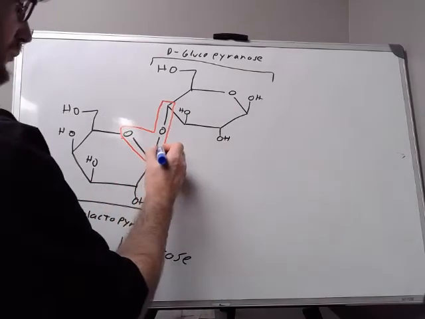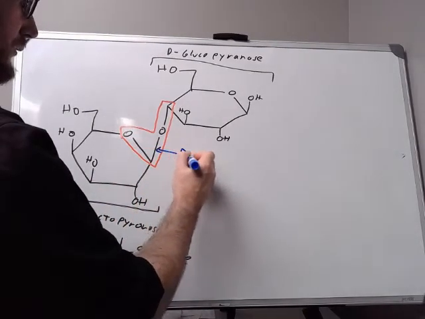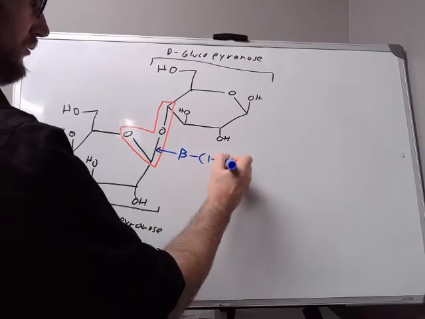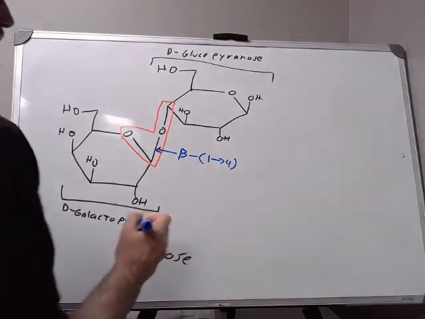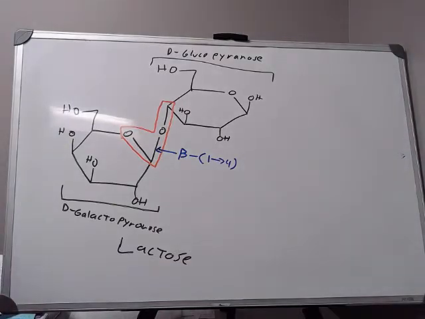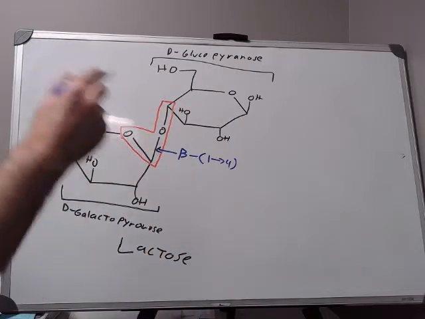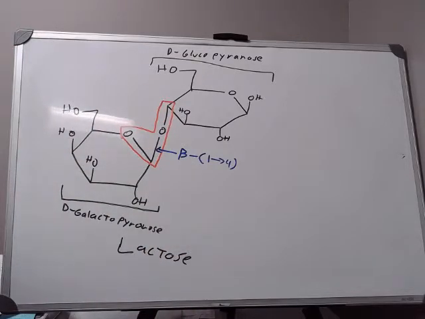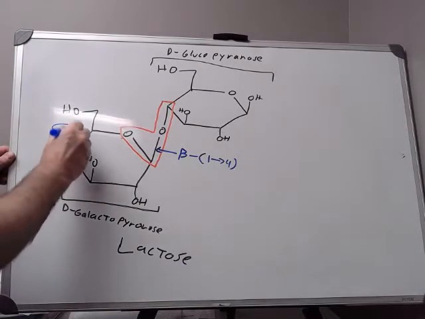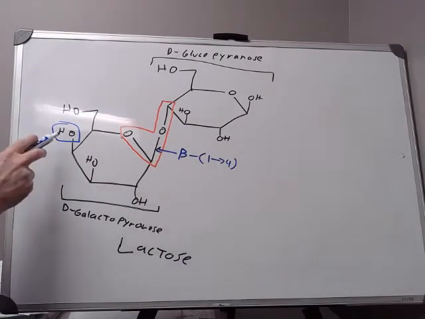And this glycosidic bond is another beta 1,4 glycosidic bond. And so this lactose is very similar to the cellobiose that we just looked at, the only difference being the position of this hydroxyl here.